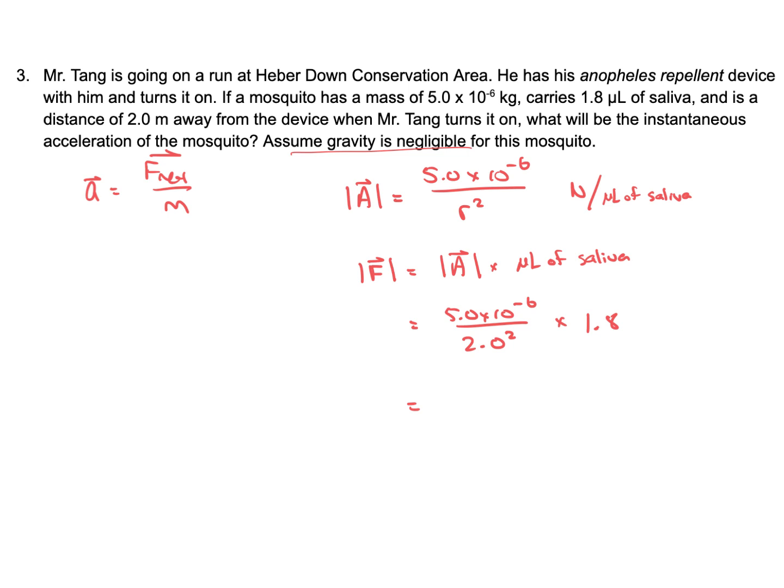I won't do that just yet because the acceleration is going to be the force divided by the mass. So it's just going to be the same thing as above with the mass in the denominator as well. So I'll just put it all together.